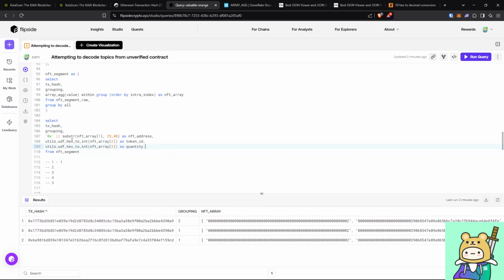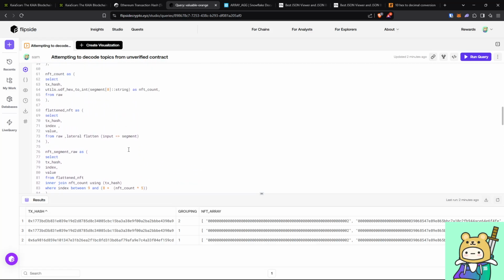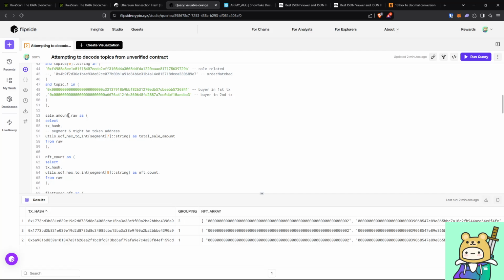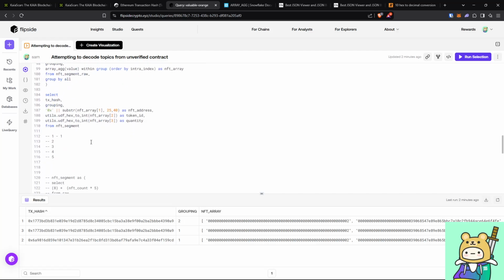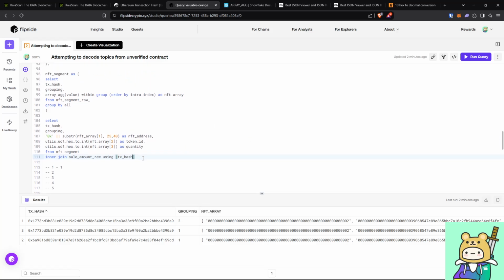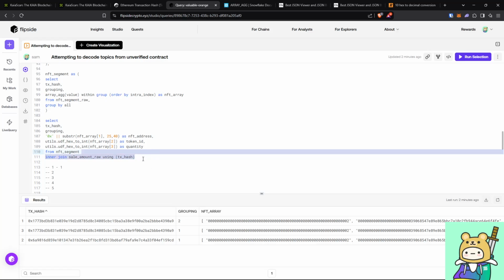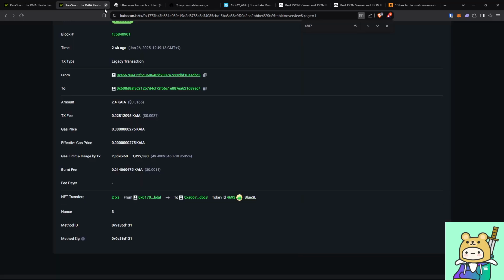Perfect. And then we can finally join it back to our sale amount, right? Inner join sale amount using transaction hash. And maybe not join it back because the sale amount will be duplicated, which would be tricky. Maybe it needs to be divided into 2 or something, right?